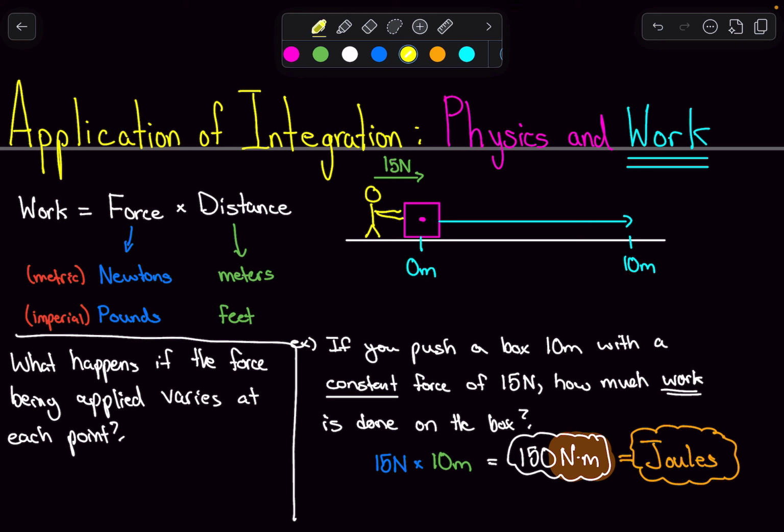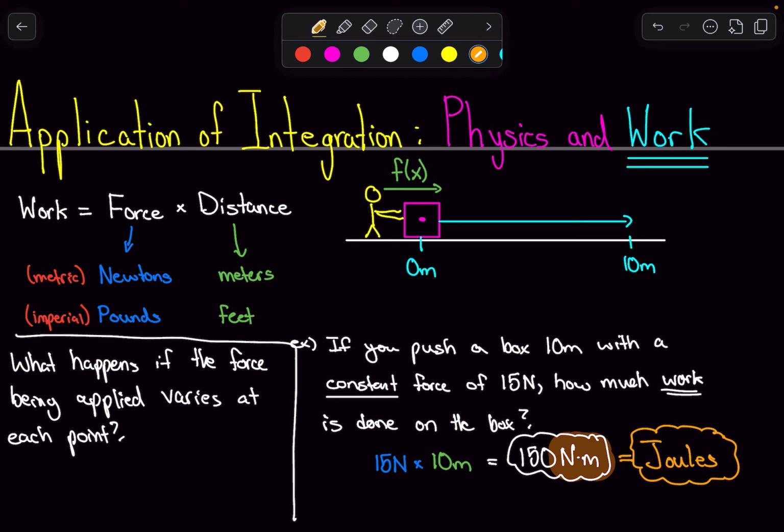But the problem is that if the force that I'm exerting is no longer constant, if I'm pushing this way, but now my force is going to be represented by a function, we'll say f of x, okay?